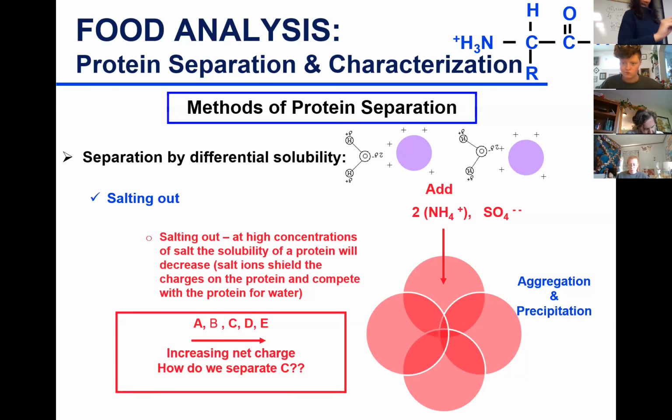It's complex, it's not easy, but what I'm trying to tell you here is to learn the concept. The concept is I precipitate A and B at a specific salt concentration, make sure C, D, and E are in solution, then I add more salt to precipitate C. So it is a 2-step fractionation, like Sam said.